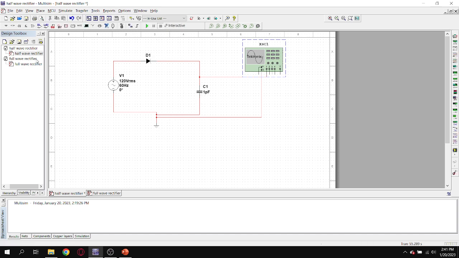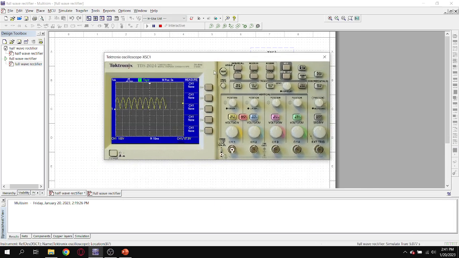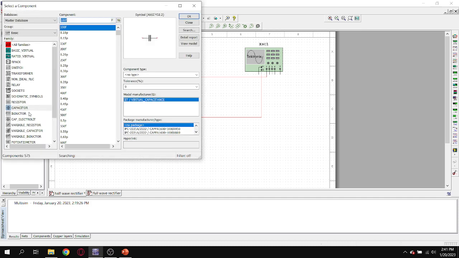So let's go to the full wave rectifier. By default we use the 1 kilo ohm resistor first, and we're going to observe the waveform generated. As we can see, the waveform is different from the one that we saw from the half wave rectifier.